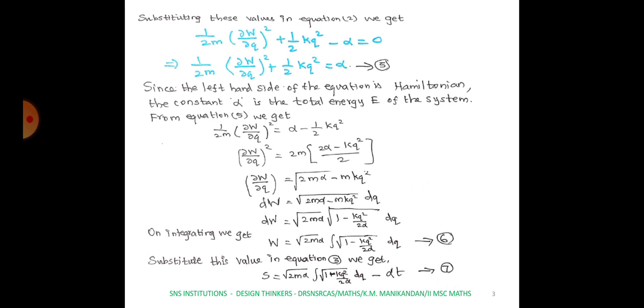Now substituting these values in equation 2, 1 by 2m into (dou W by dou q) whole square plus half kq square minus alpha equal to 0.